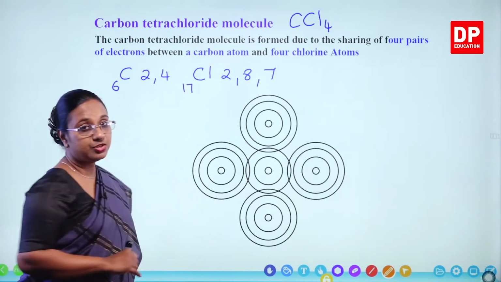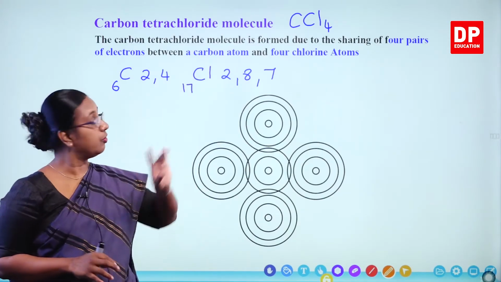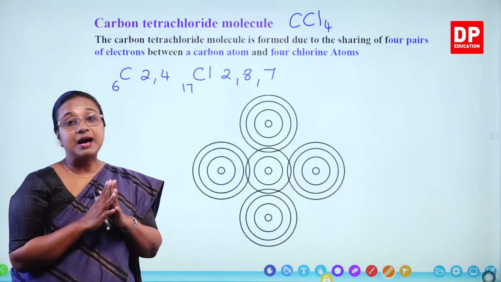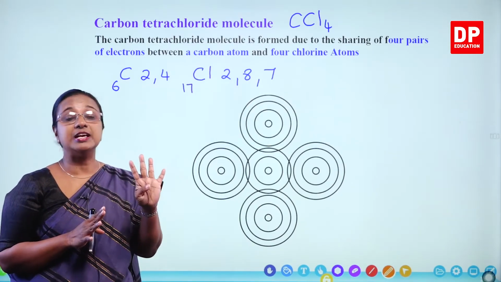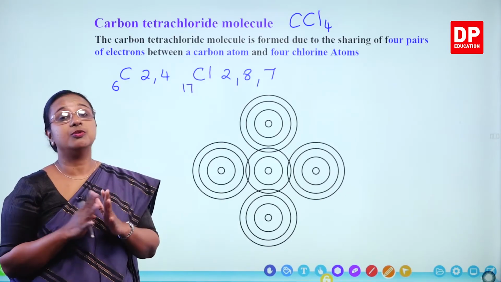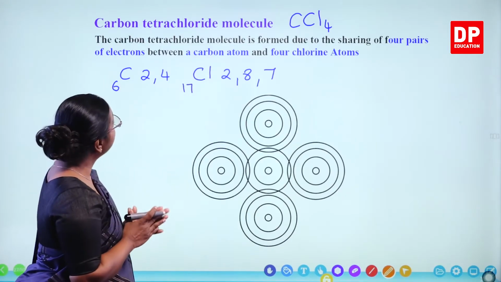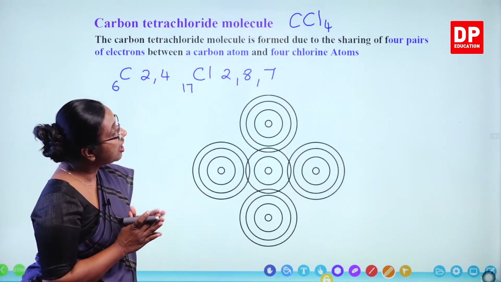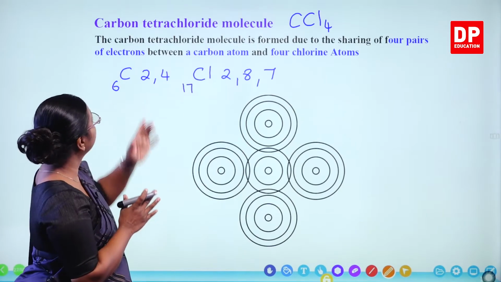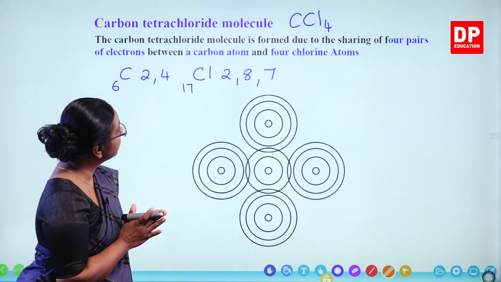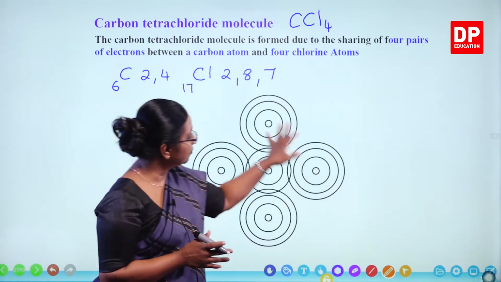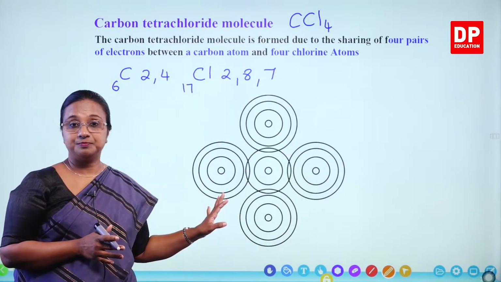And the valencies you know, carbon has valency 4, chlorine has valency 1. So when they combine, they form 4 single bonds, carbon-chlorine bonds. So the carbon tetrachloride molecule is formed due to the sharing of 4 pairs of electrons between a carbon atom and 4 chlorine atoms. So that is what is denoted here.